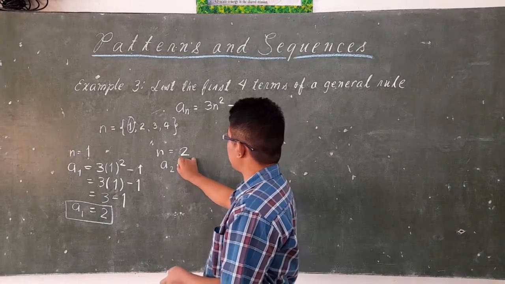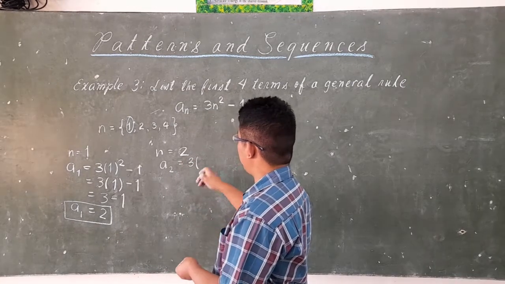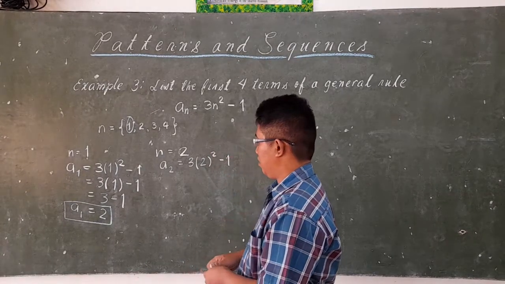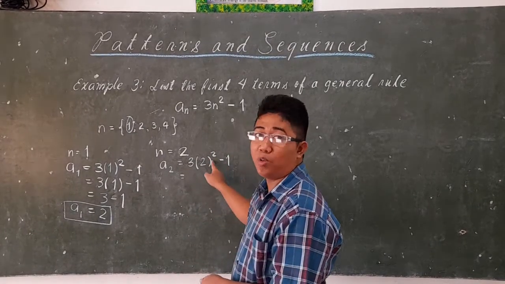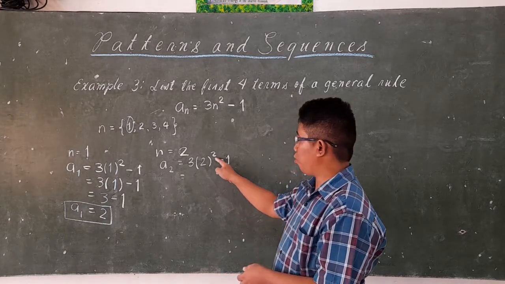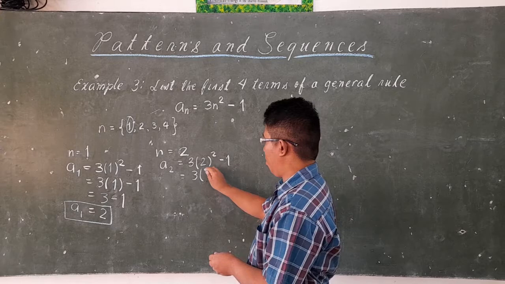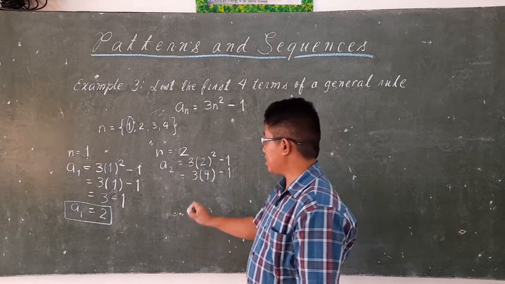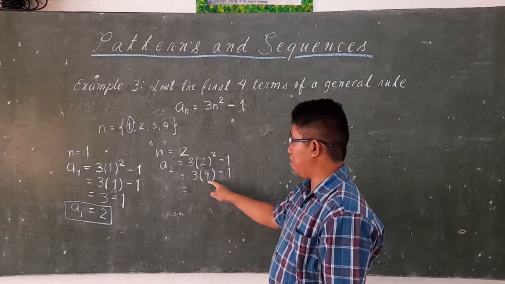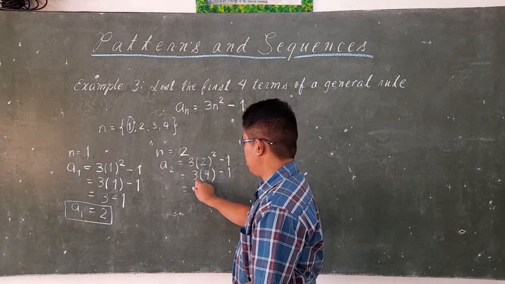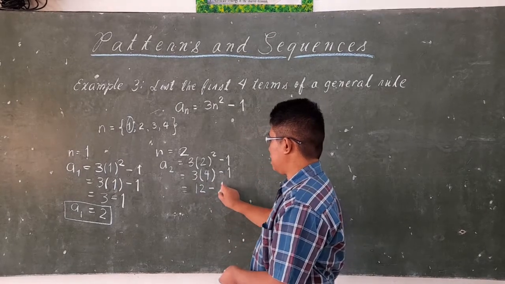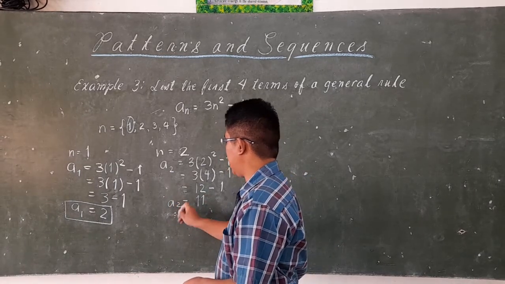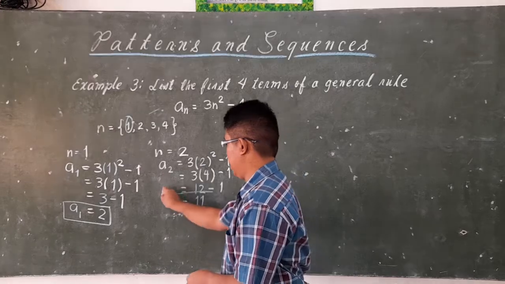A sub 2 is equal to 3 multiplied by 2 raised to the power of 2 minus 1. Next thing to do is to simplify the exponent. So 2 squared becomes 4, and we have 3 times 4 minus 1. Next step is to multiply 3 and 4. It becomes 12. So 12 minus 1 is equal to 11. Therefore, the second term, a sub 2, is equal to 11.